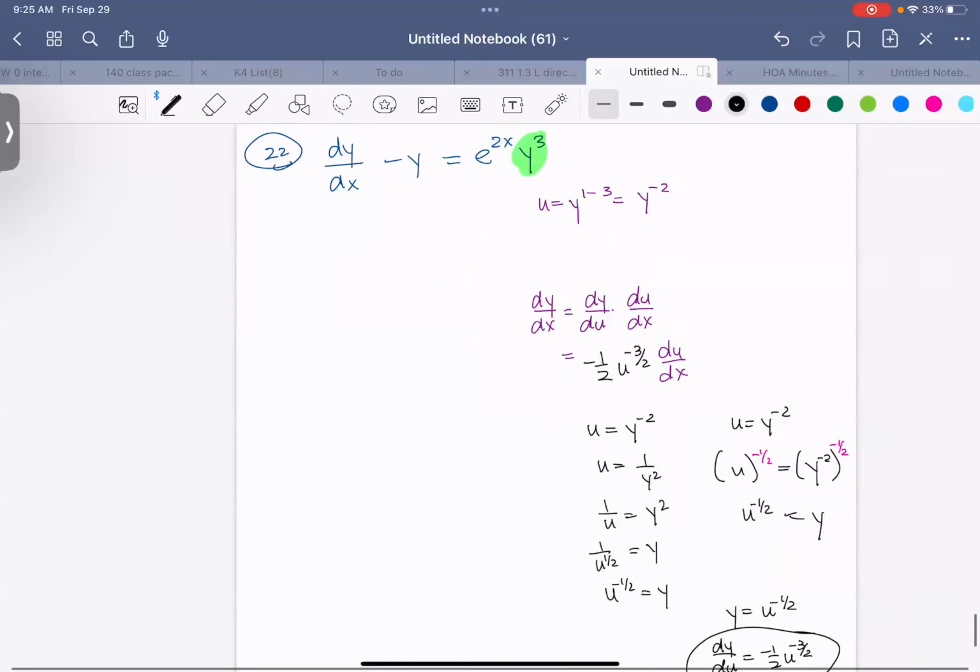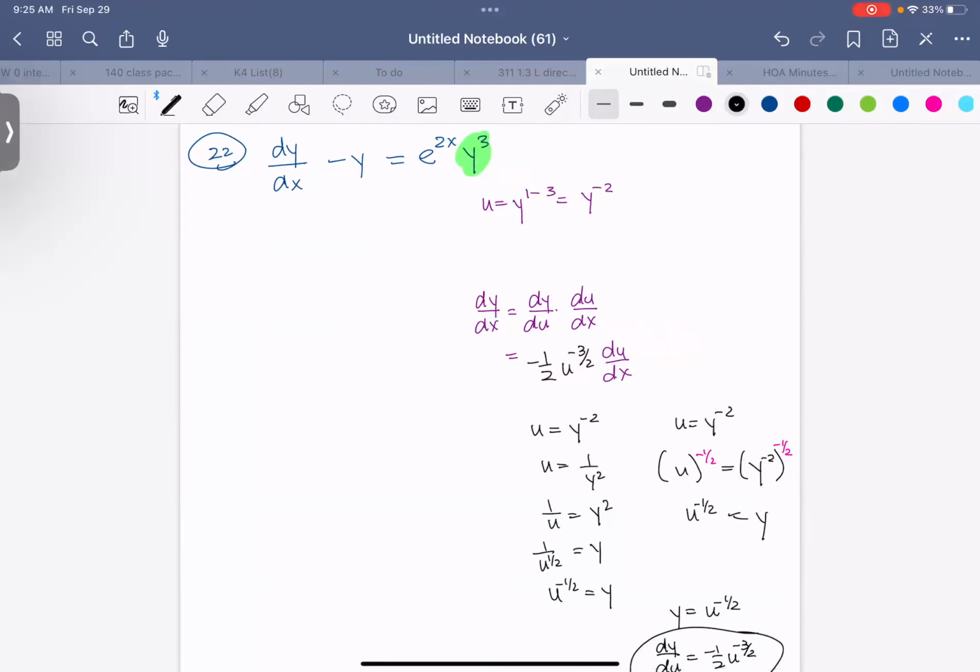I would have figured that out in a second because it wouldn't have worked when we plugged it in, right? So it should work and come out nicely when you do this. So that means we have the following substitutions. We know that here is our dy dx, right? It's the derivative of u, not y.